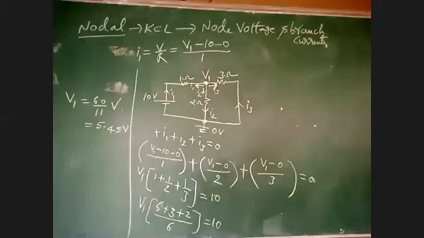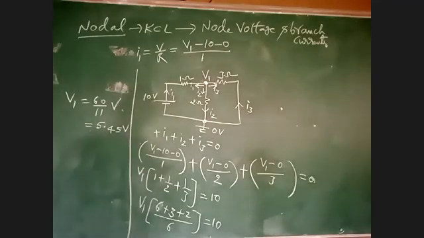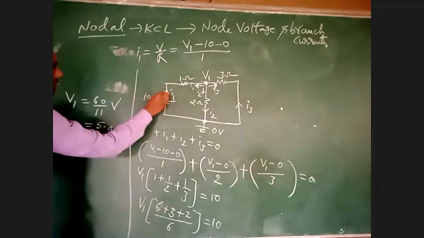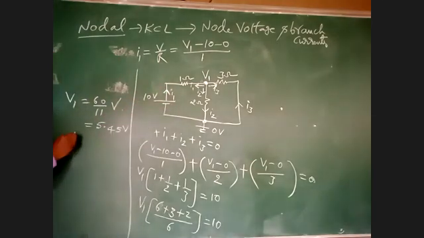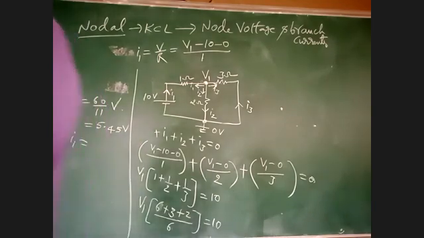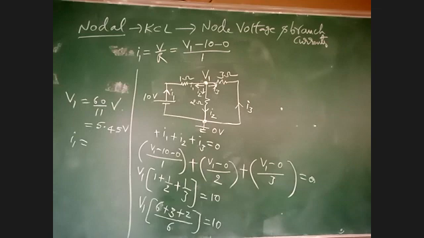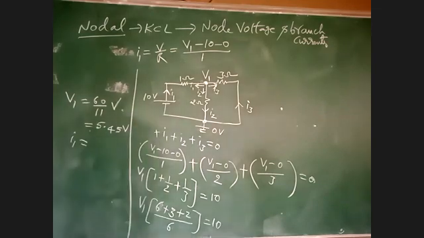Now forget about the assumed current. We will come to the actual current. See the actual current I1. How is I1 flowing? I1 is flowing from 0 to V1.